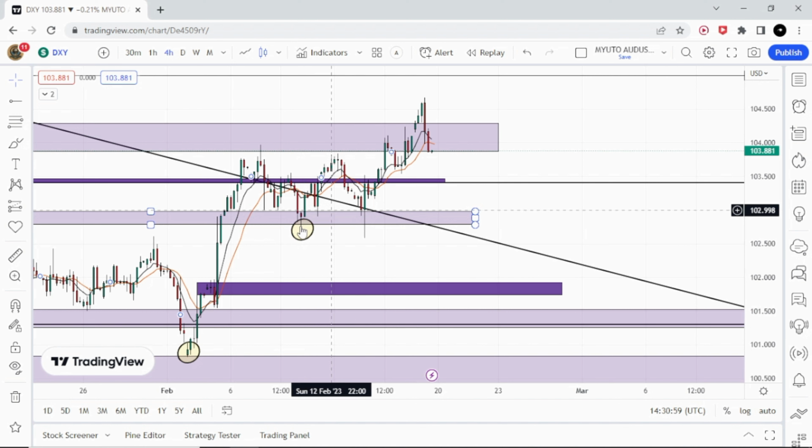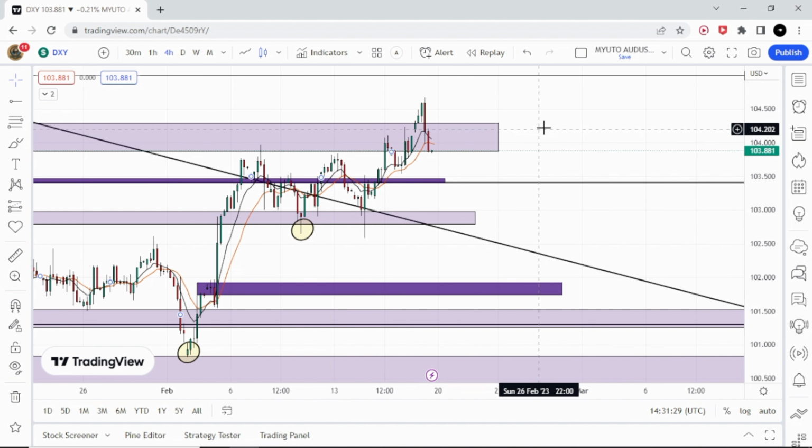You can see we maintained structure here with a huge wick rejection and a huge pin bar formation, signaling the bulls came in strong in the market. We have a significant level marked out here and a trend line retest. All these are confluences for us to enter a trade on the dollar index.